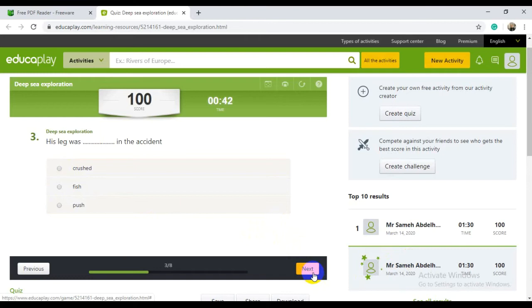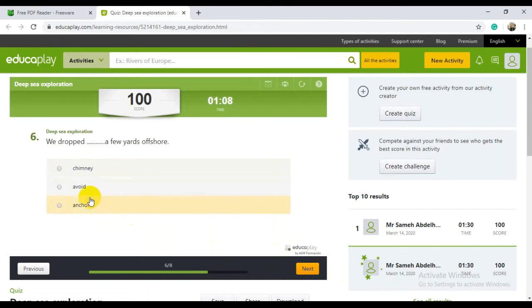His leg was crushed in the accident. Where the land goes up and down, it will be slope. Lovely. Smoke drifted from a chimney. Yes. We dropped anchor a few yards offshore.